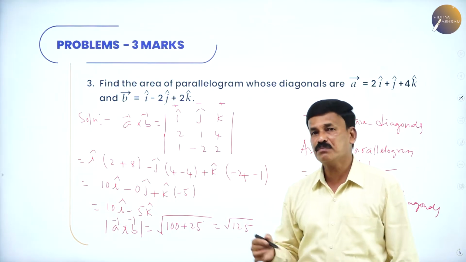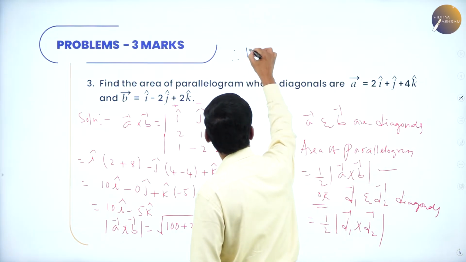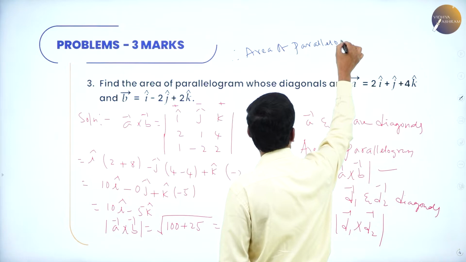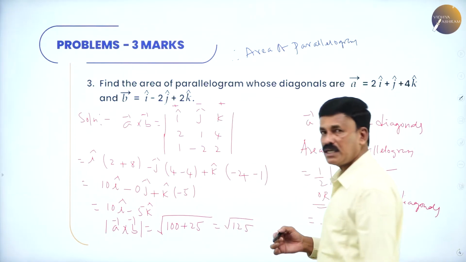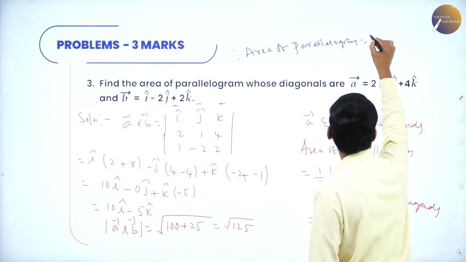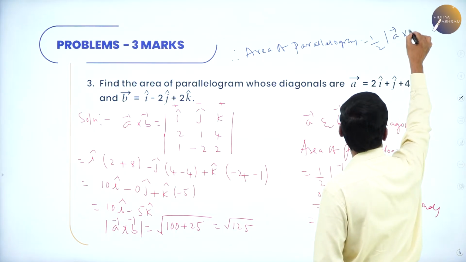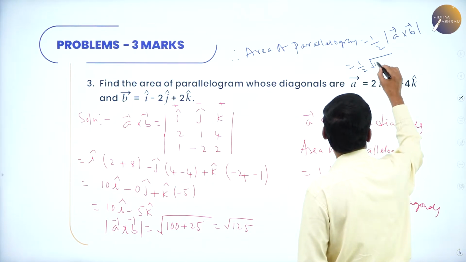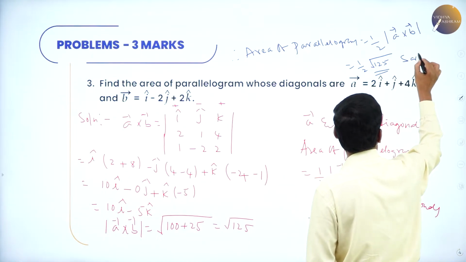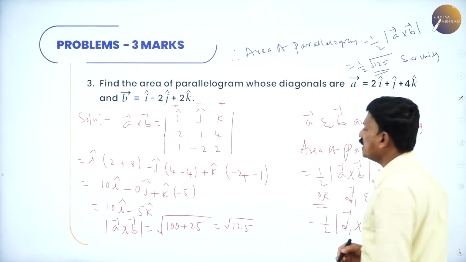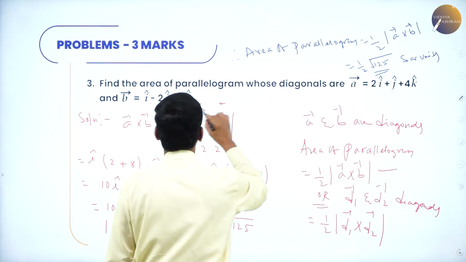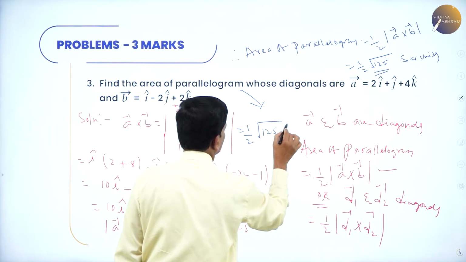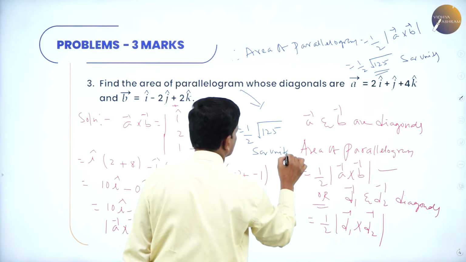Therefore, the area of a parallelogram, whenever the adjacent sides are given, is equal to half into length of A cross B. This is half into square root of 125 square units. So, the area of the parallelogram is half into square root of 125 square units.